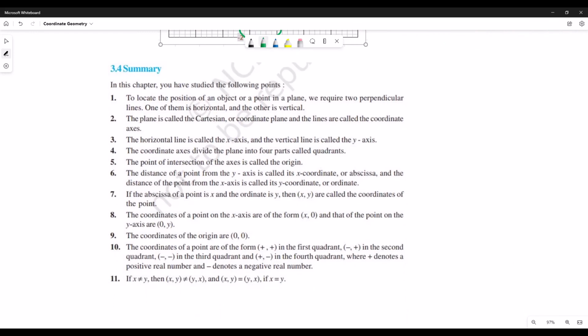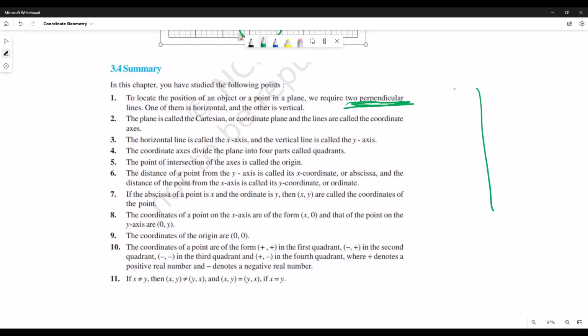We have come to the end of the chapter, and this is the summary. I will read it out once. So we have studied the following points. To locate the position of an object or a point in a plane, we require two perpendicular lines. So this is important, two perpendicular lines only, right?